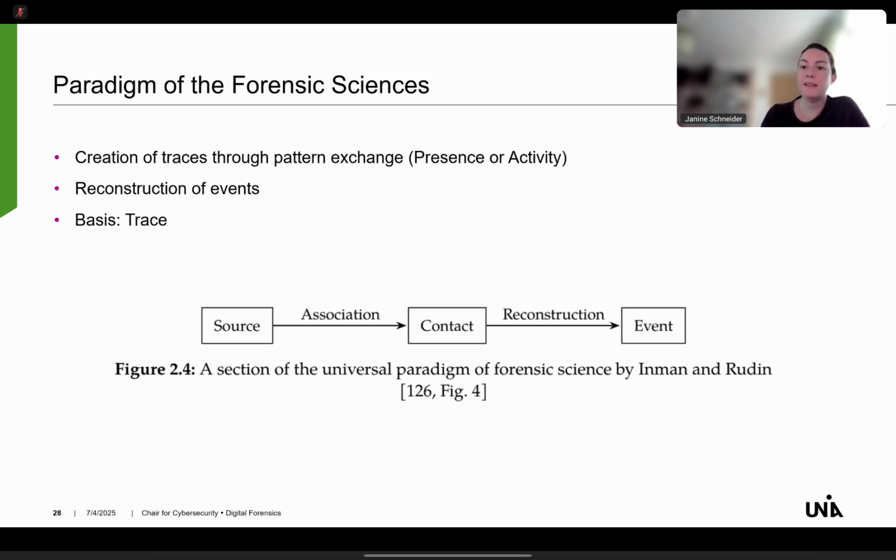And the reconstruction is done for bringing events into a temporal context, for example. And events are the establishment of an activity or contact on the basis of traces. We actually discussed that in the beginning, but this is what investigators want to do.